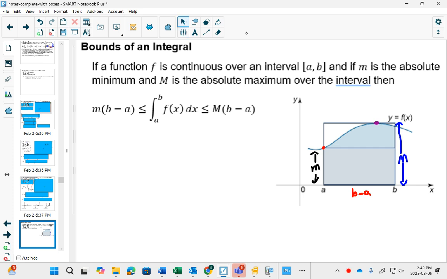And so we can say that our integral has to be between this value and this value. And because it's bounded, we know that there is some number that exists in between there for the answer. Those are your bounds of an integral. Logically, it should make sense from the picture.